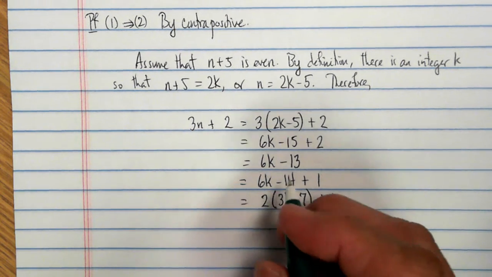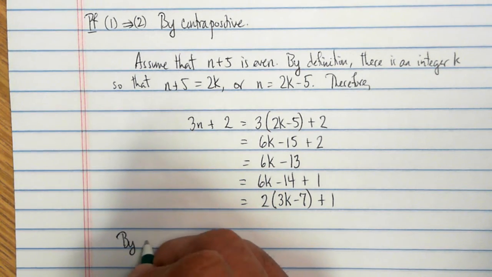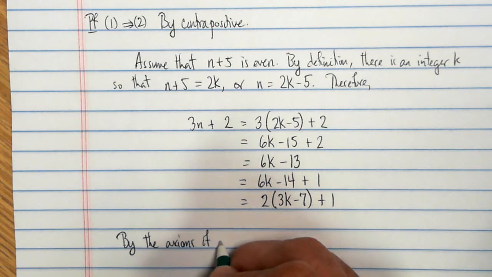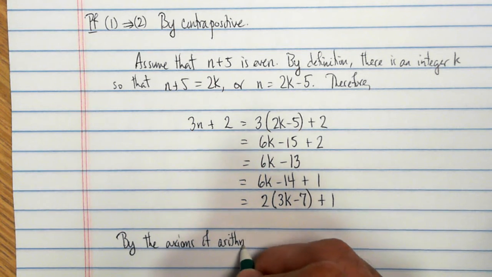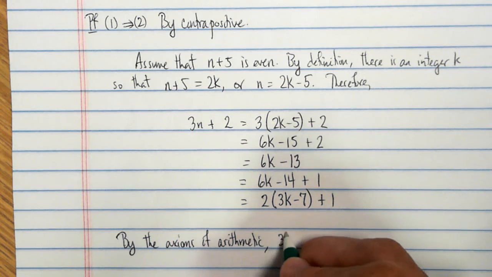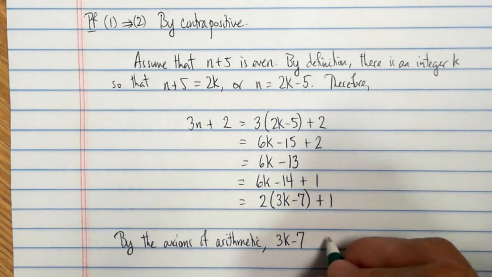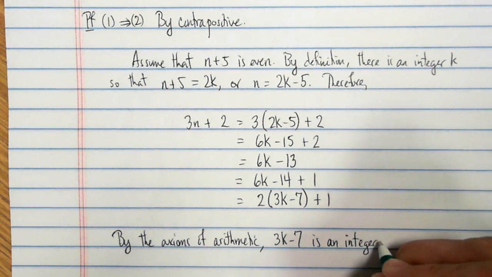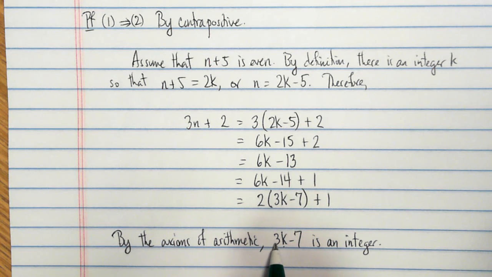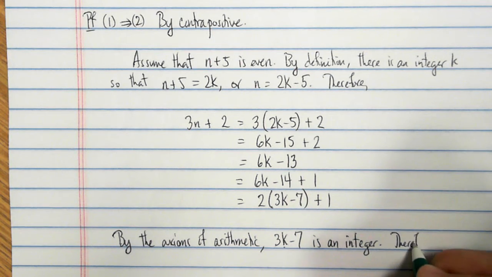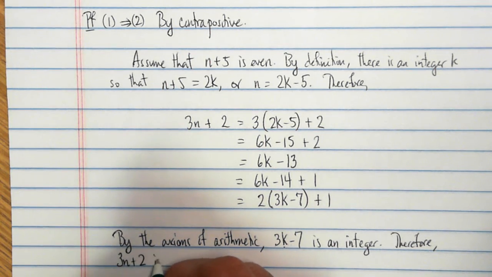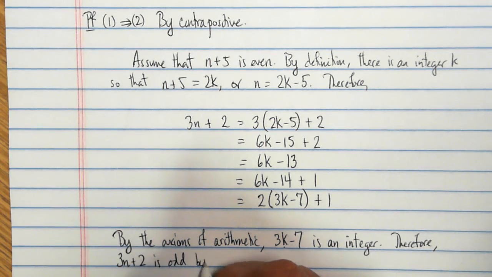Now, by the axioms of arithmetic, 3k minus 7 is an integer. K is an integer. Multiply by 3, still an integer. Subtract 7, still an integer. Therefore, 3n plus 2 is odd by definition of odd.